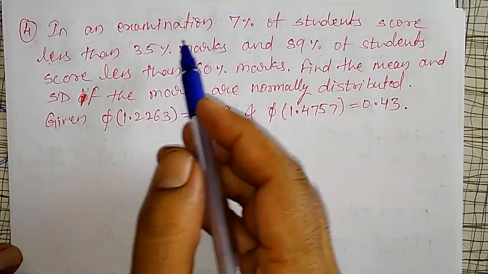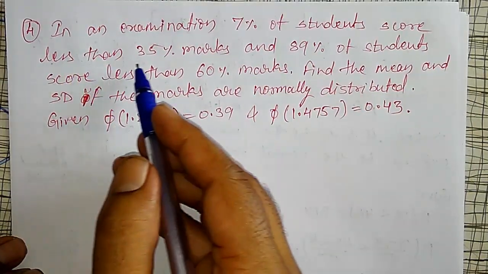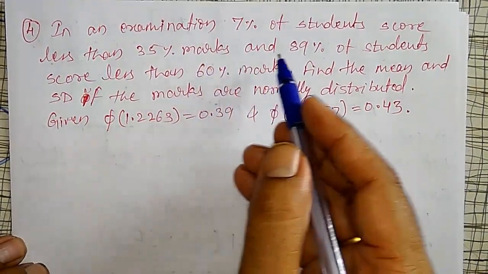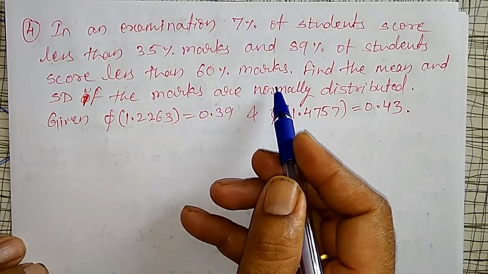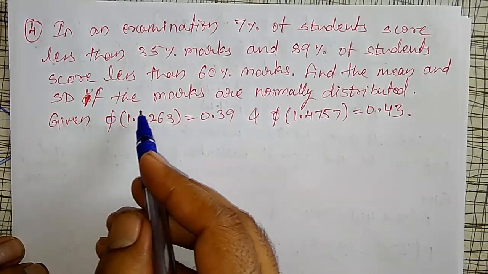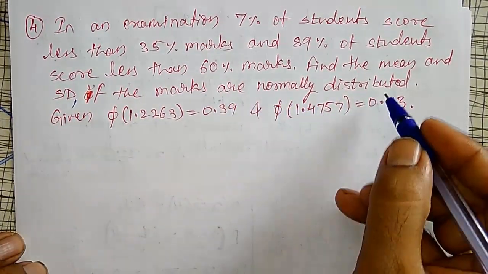Continue. In an examination, 7% of students score less than 35% of marks and 89% of students score less than 60% of marks. Find the mean and standard deviation if the marks are normally distributed.